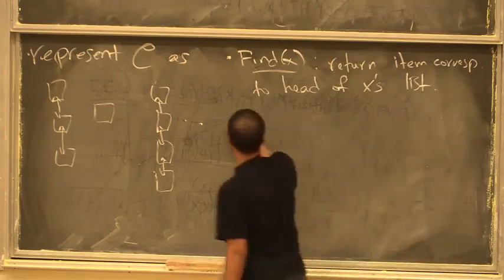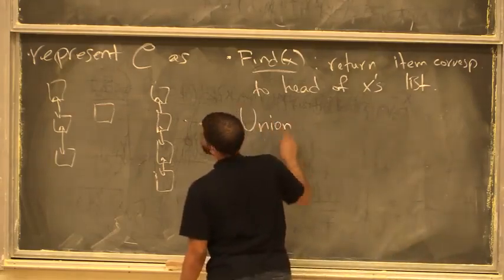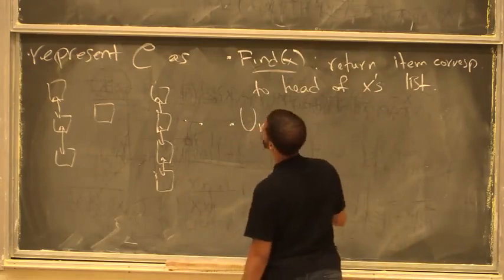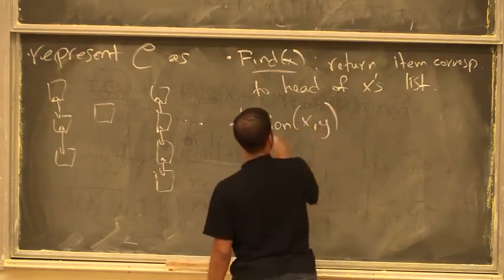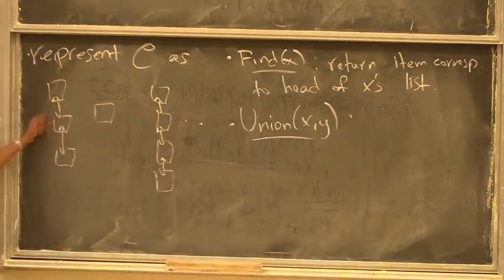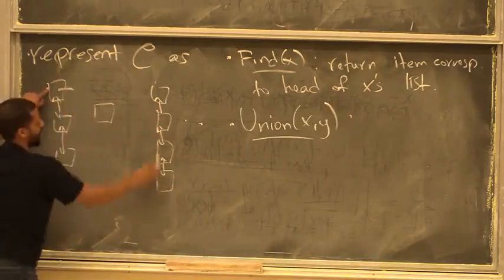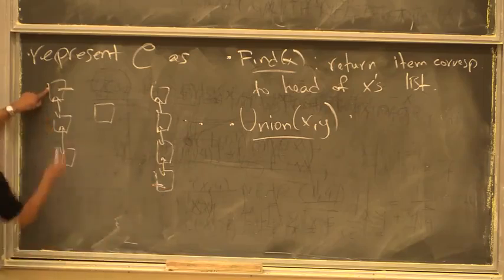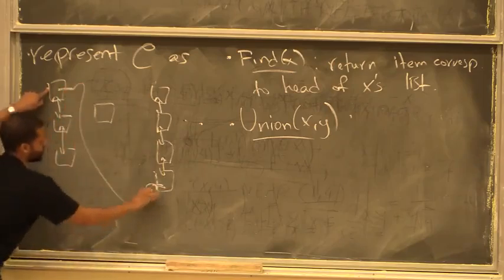And then union. Right? So if I want to union 2 linked lists, what do I do? I walk to the head of one, I walk to the tail of the other, and then I make this head point to this tail.